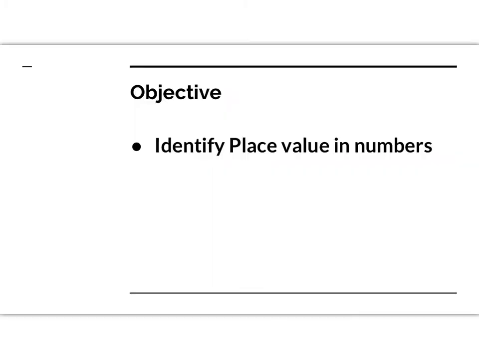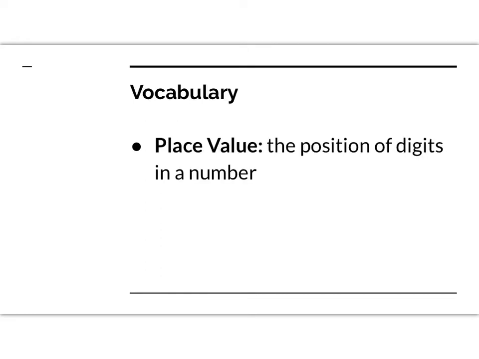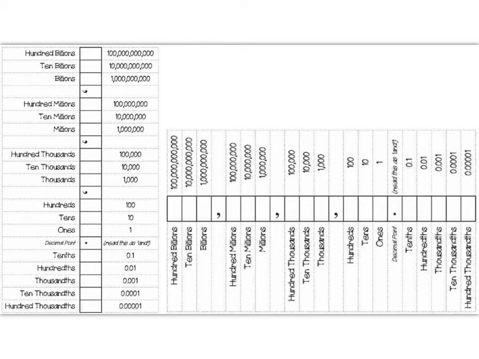So, our objective, identify place value in numbers. Place value is the position of digits in a number. Okay, so here you have several place value charts. The one on the left is aligned vertically, and this shows you how you start.